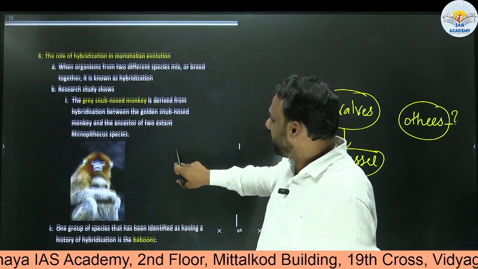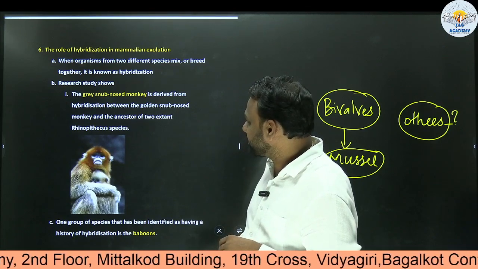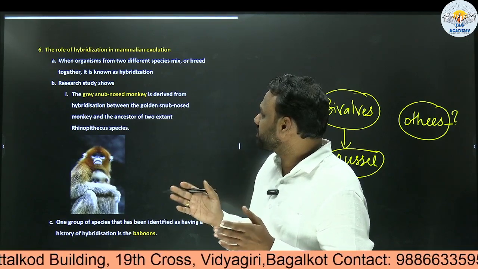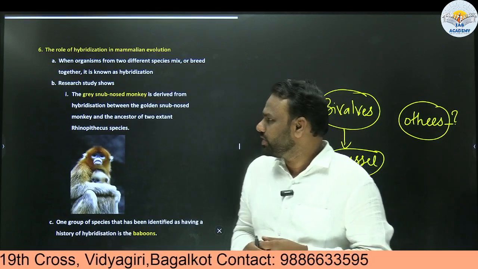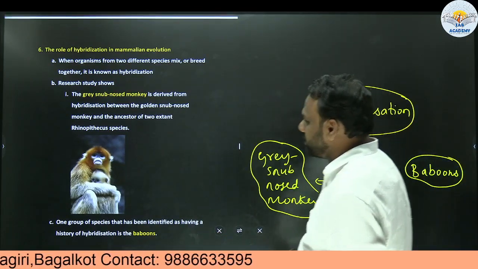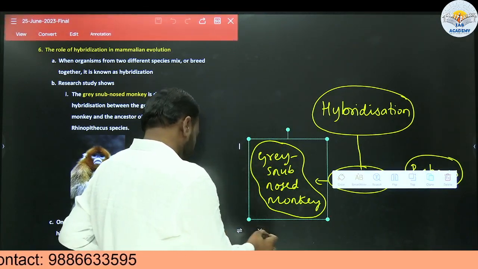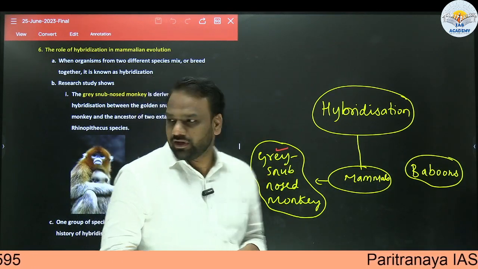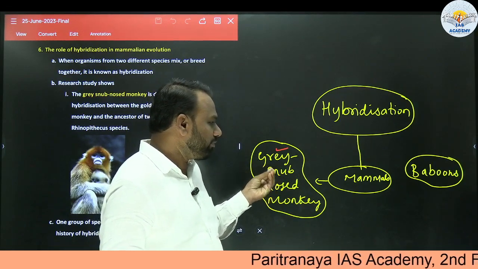Next, the role of hybridization in mammal evolution. Okay, so whether hybridization has taken place or not. What is hybridization? When organisms from two different species mix or breed together, it is known as hybridization. Okay, it is called hybridization. Here a recent research study has shown that the gray snub-nosed monkey has evolved from hybridization.